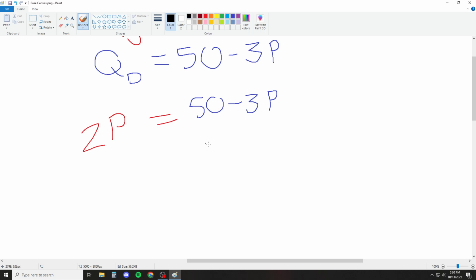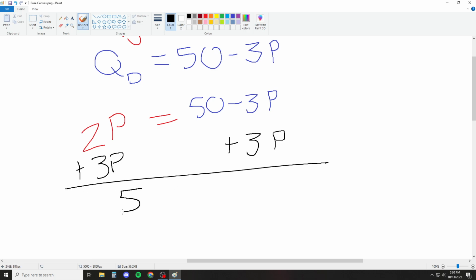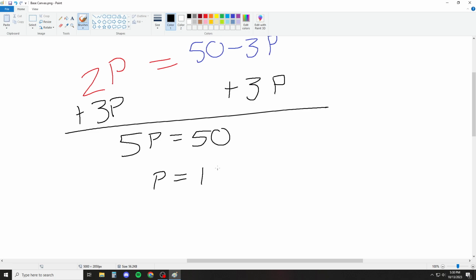I'm going to go to black because we're going to be commingling. You're like, oh, okay, so I get 5P equals 50. P equals 10. Awesome. Your equilibrium price, usually denoted as P star. I'm pretty loosey-goosey with that, but if you're on a multiple choice test, your equilibrium is probably just going to be P star given to you.